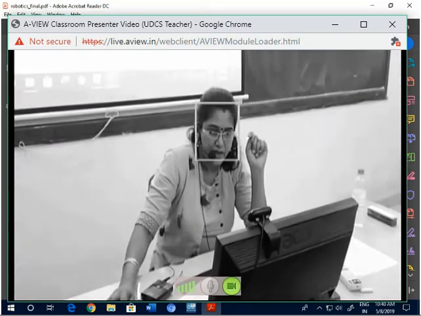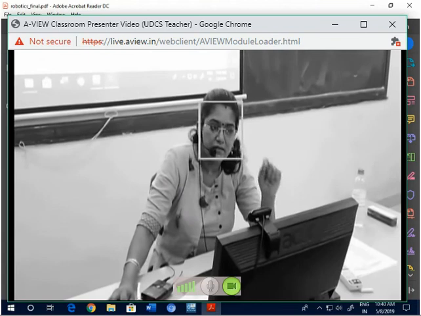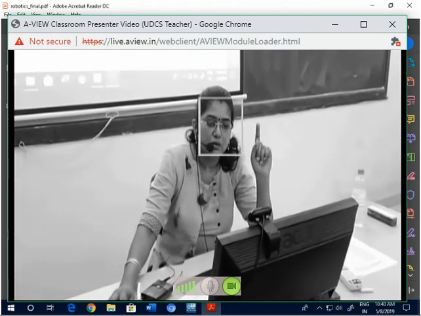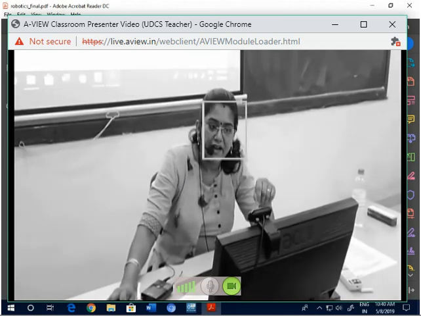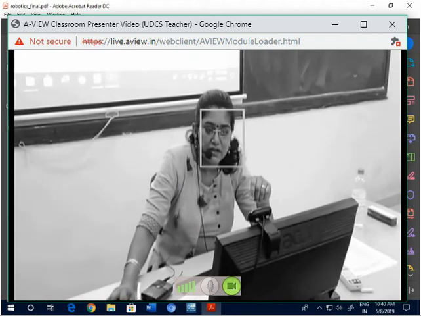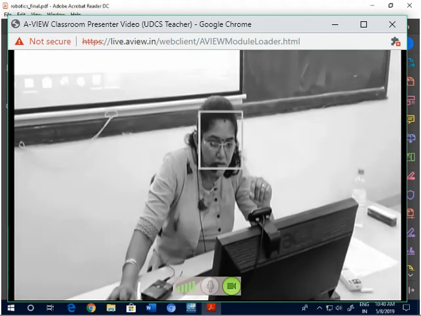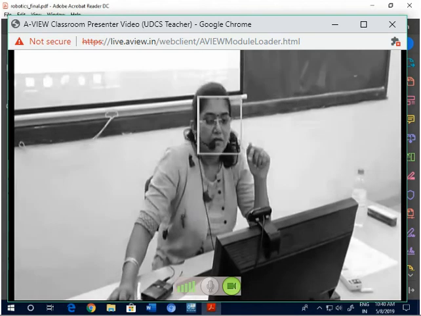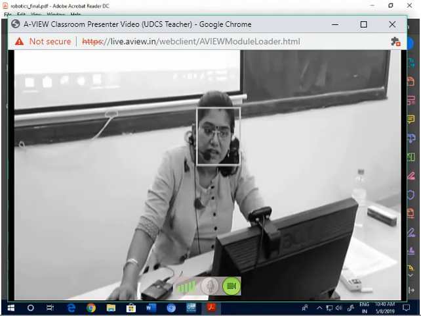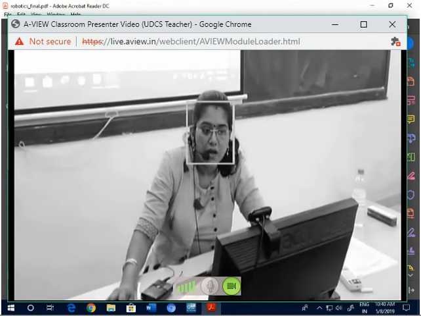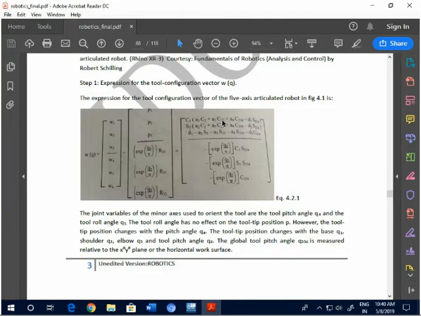Okay, and it is given by WQ equal to W1, W2, W3, W4, W5, which is equal to P1, P2, P3, expression Q5 by pi, exponential Q5 by pi, exponential Q5 by pi, of R13, R23, R33, which is equal to C1 A2 C2 plus A3 C23 plus A4 C234 minus D5 S235.